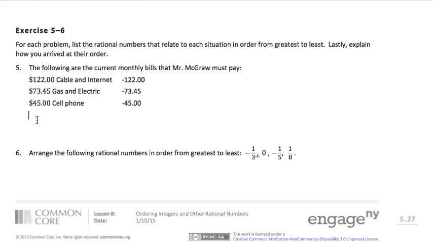So greatest to least, we're looking for the number that is furthest to the right on our number line. And since all 3 numbers are negative numbers, we need to consider 0 and then working backwards from 0. If 0 were here, negative 1, negative 2, negative 3, negative 4, negative 5, and continuing counting that way, we would encounter the negative 45 first.